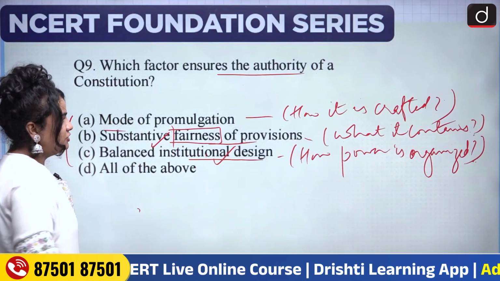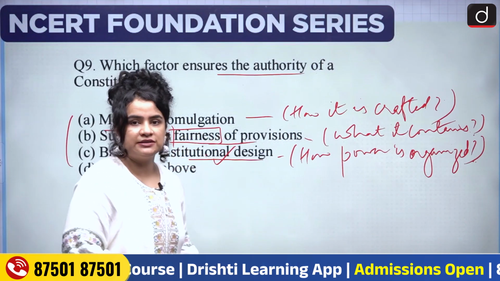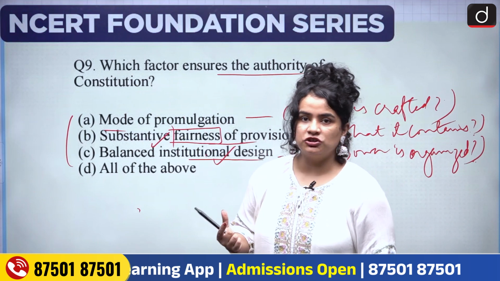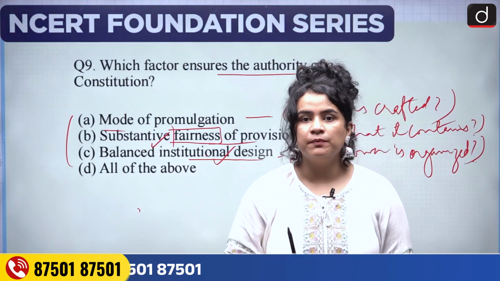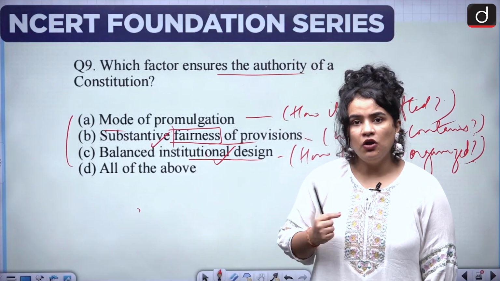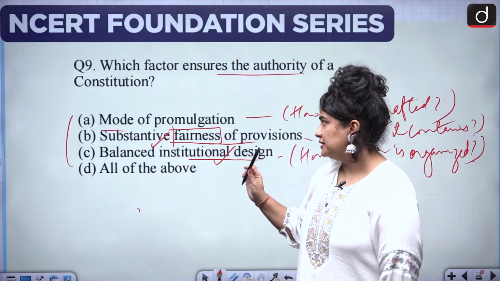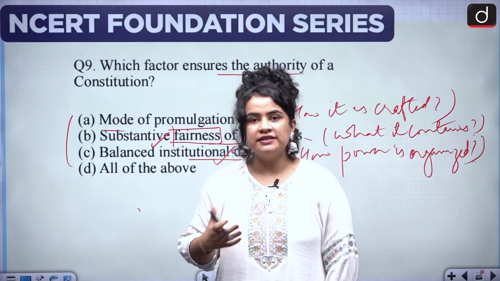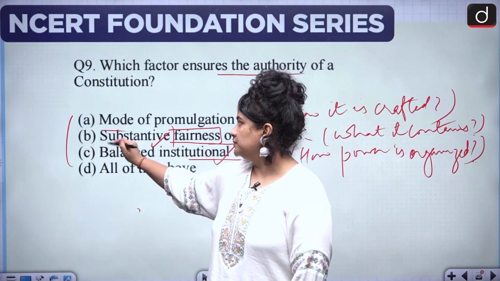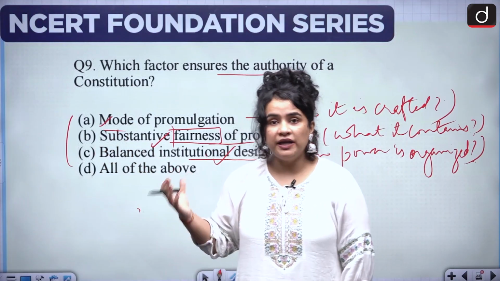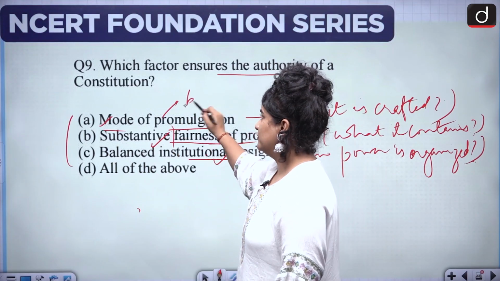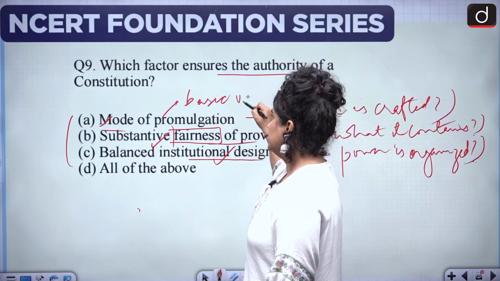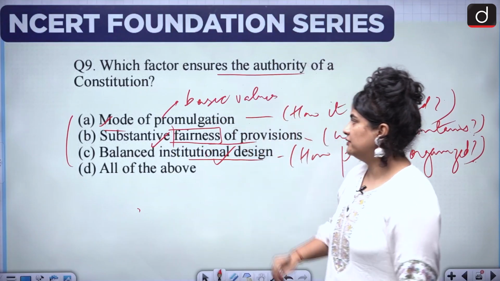And mode of promulgation, we discussed in sufficient detail that our constitution was crafted by those leaders who enjoyed popular support, a lot of confidence, who had seen the thick and thin of the entire journey to freedom. They knew and had developed a consensus on basic values.